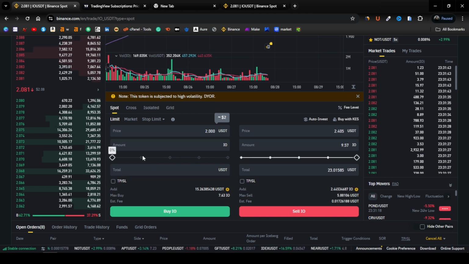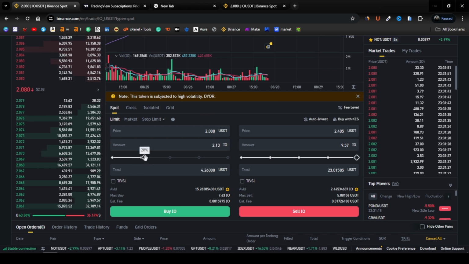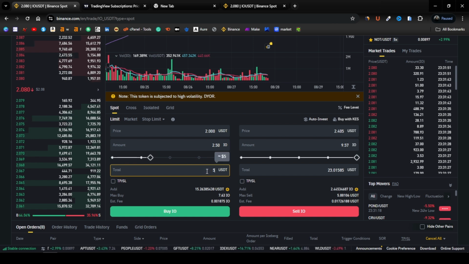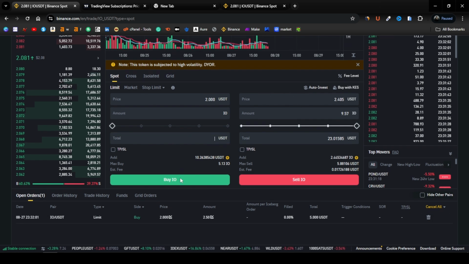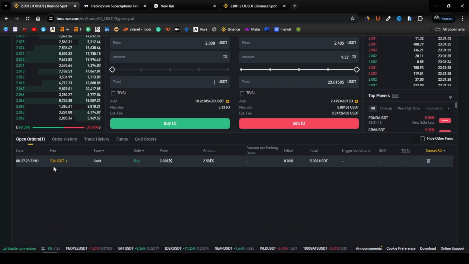Let's say I want to buy 5% of IO. Again, I'm just going to slide here. All right, let me just input this figure manually. You can see this order has been created automatically, and when I come to my open orders, you can see this is the open order of 5 USDT.